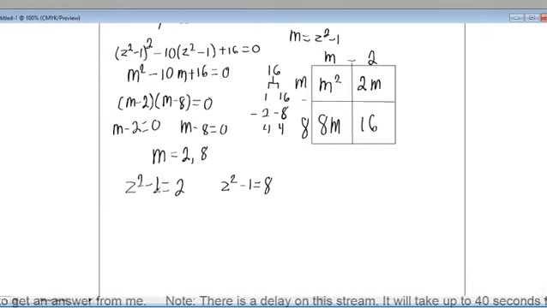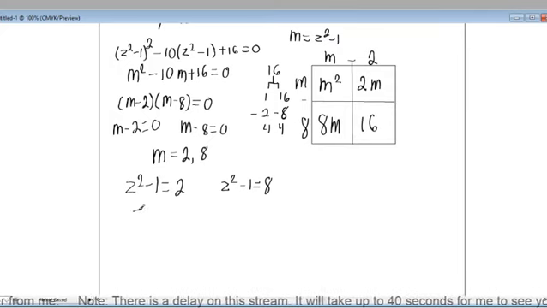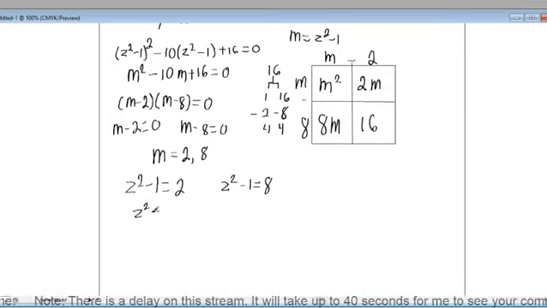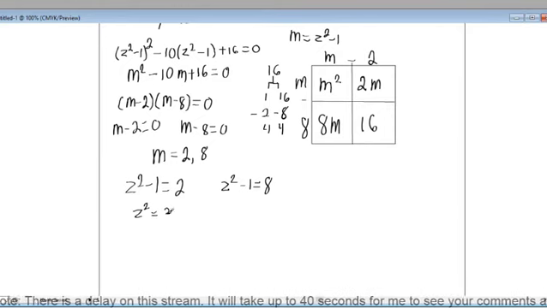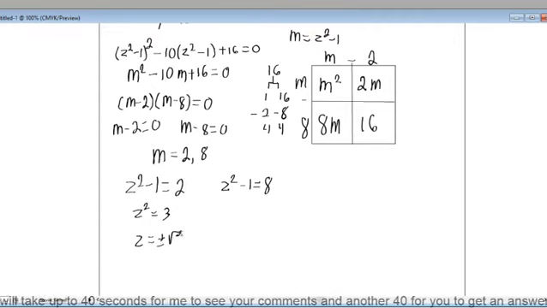So take 1 to the other side. By adding it, we get z squared equals 3. Take the square root of both sides, we get that z could equal plus or minus the square root of 3. Here, same thing.